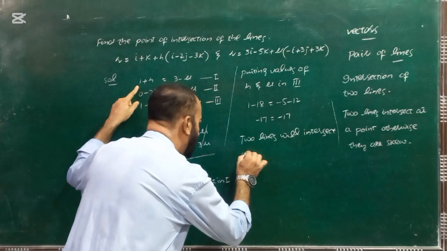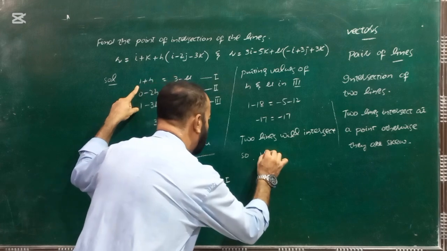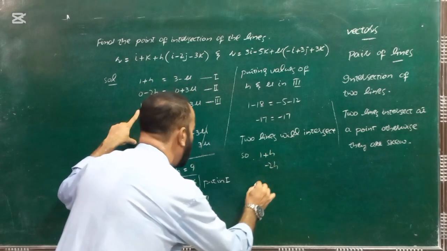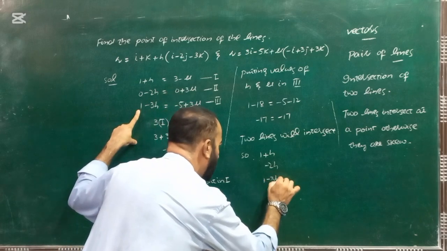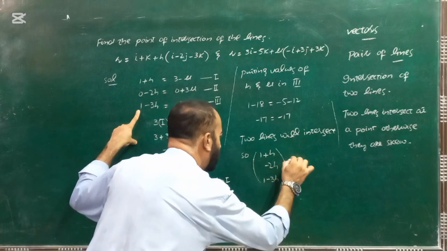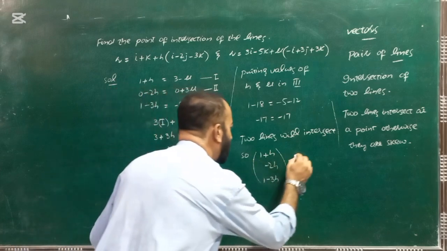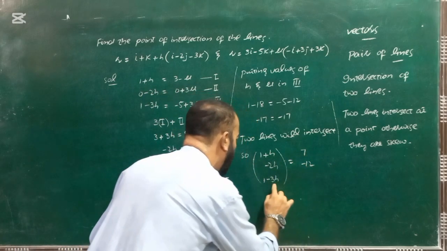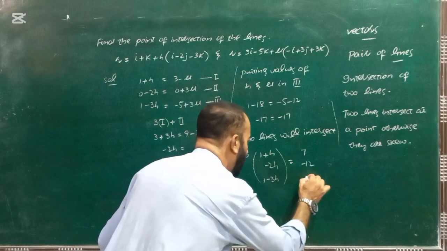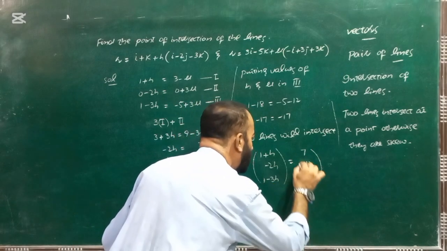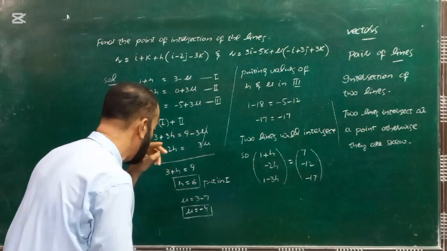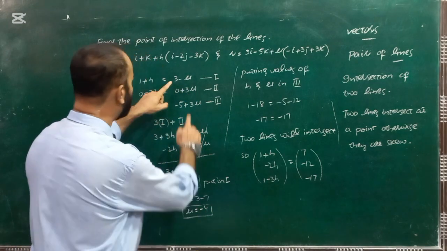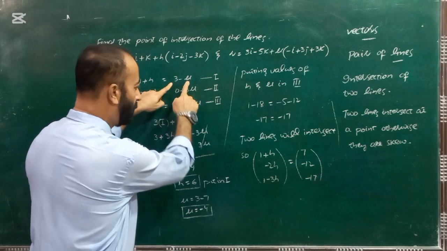So 1 plus lambda, minus 2 lambda and 1 minus 3 lambda is equal to, since lambda is 6, 6 plus 1 is 7, minus 12, and 3 times 6 is 18, so minus 17. So this is the point of intersection. You may see if we put minus 4 here, the same point will be obtained. So minus 4, so 3 plus 4 will be 7.